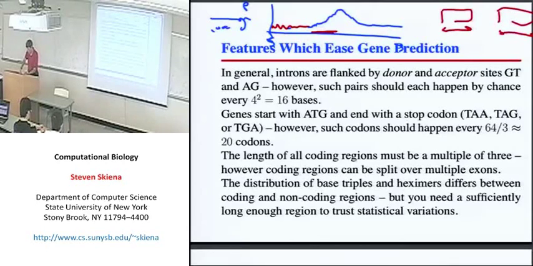But there's no reason why this might not have 3x plus 1 base, and this be 3y plus 2 bases. The sum would have to add up to be a multiple of 3. And the system doesn't seem to care at this point whether all the triples are in one exon or not.